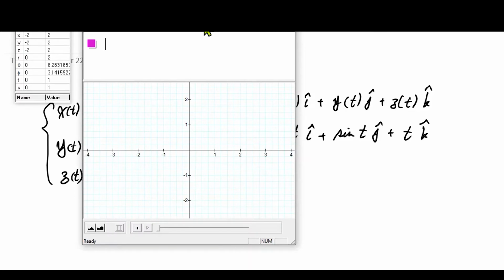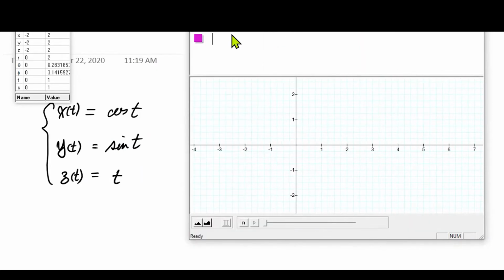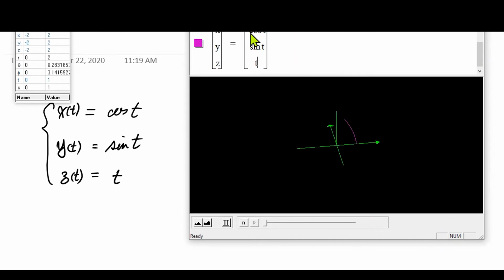Okay, why don't I show you here? So 3D vector xyz is equal to, so we put cosine t, sine t, and t here, right? Hold on.